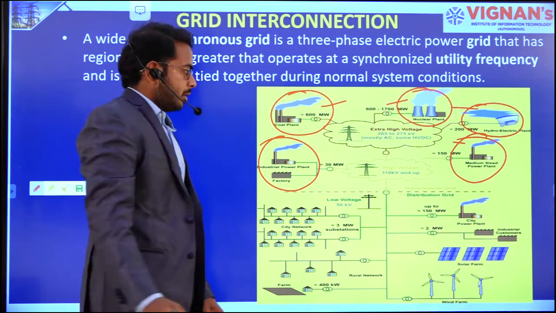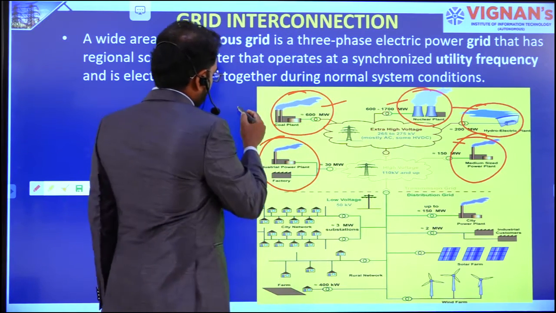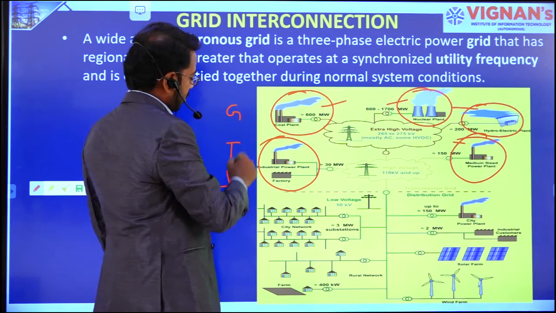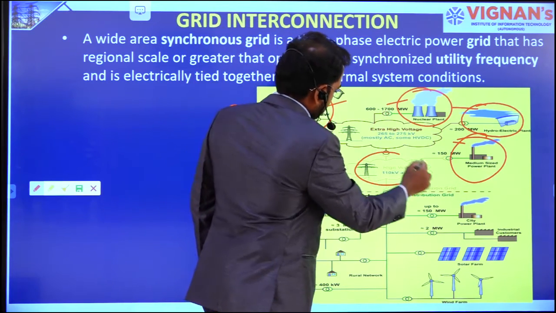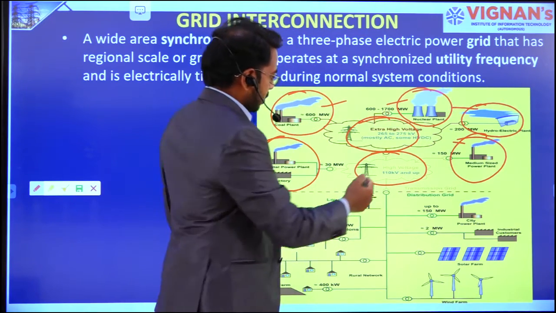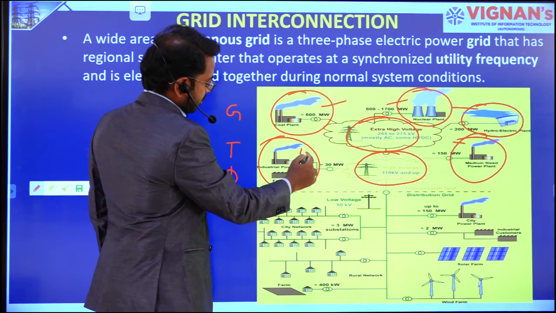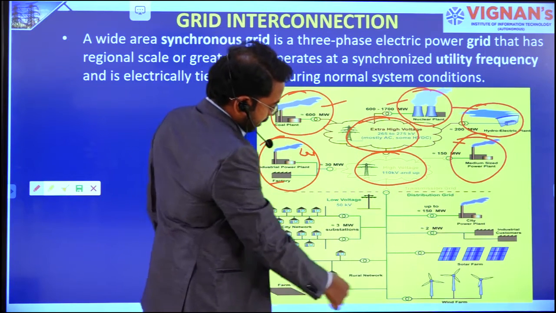From there, the grid connects generation, transmission, and distribution, an interconnection of all of these. This we can call high voltage, extra high voltage transmission. Here we can say this is an industrial power plant, or this is the load, and this is the distribution grid.